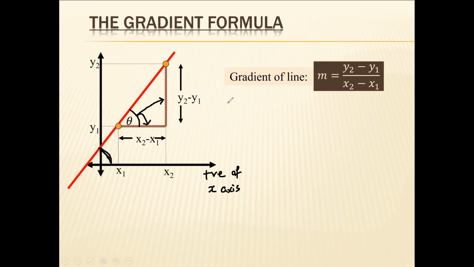You may go back to the chapter on trigonometry. The numerator is the opposite side, and the denominator is the adjacent side. So what is the ratio opposite upon adjacent known as?